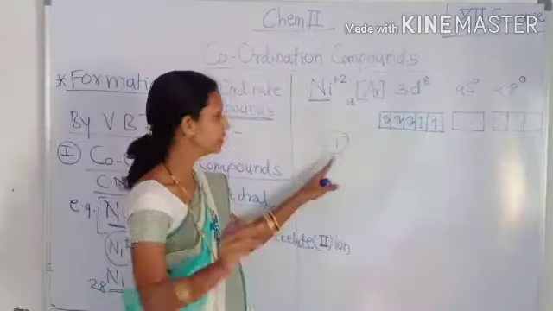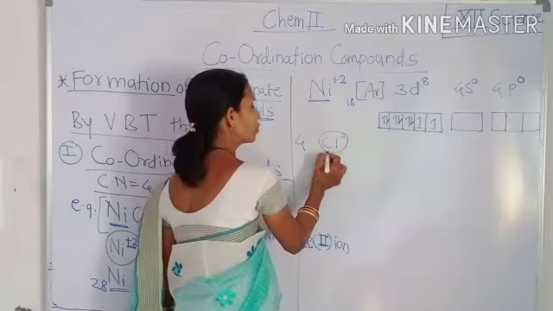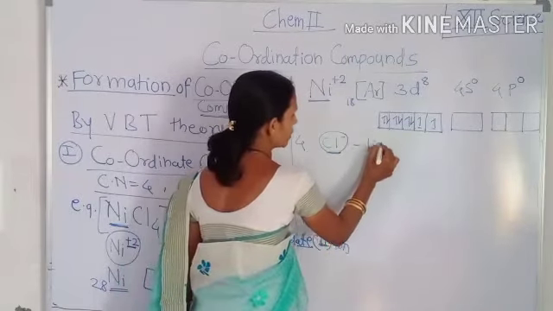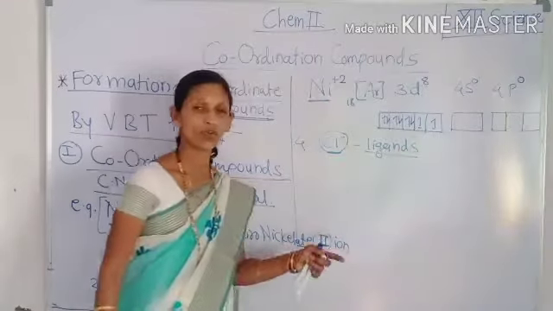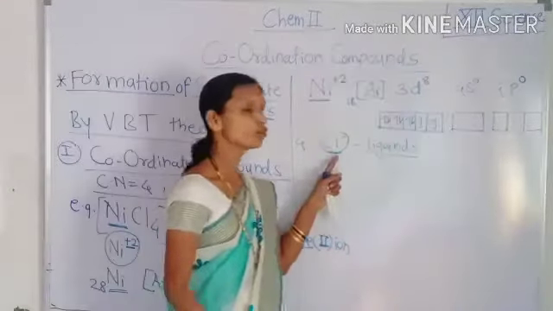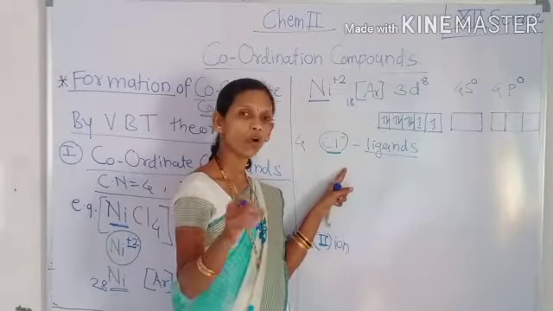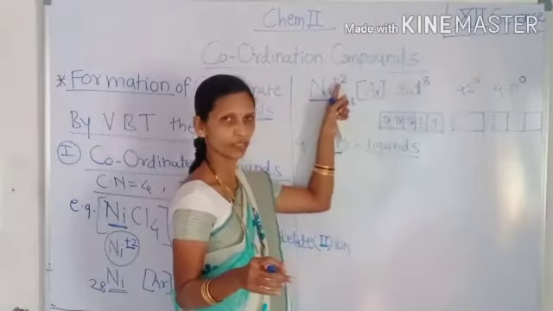See here, there are 4 chloro ligands, which require 4 vacant orbitals of Ni2 plus.